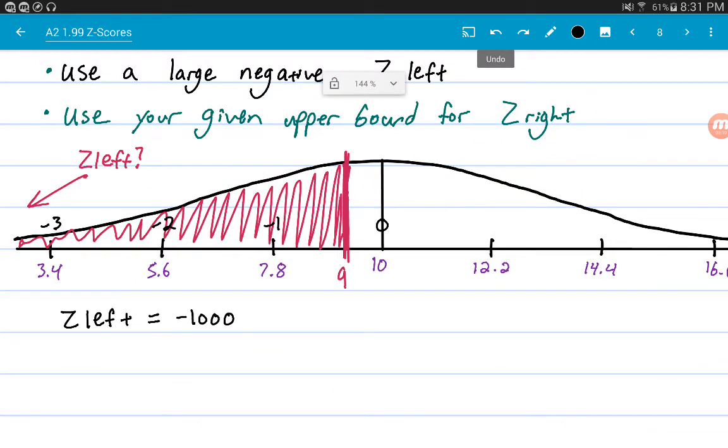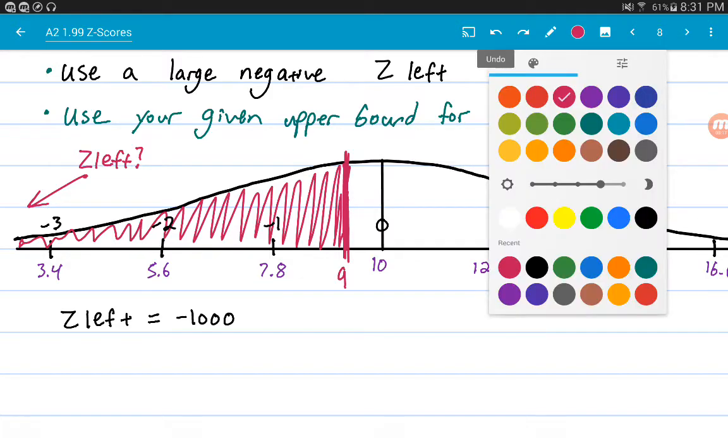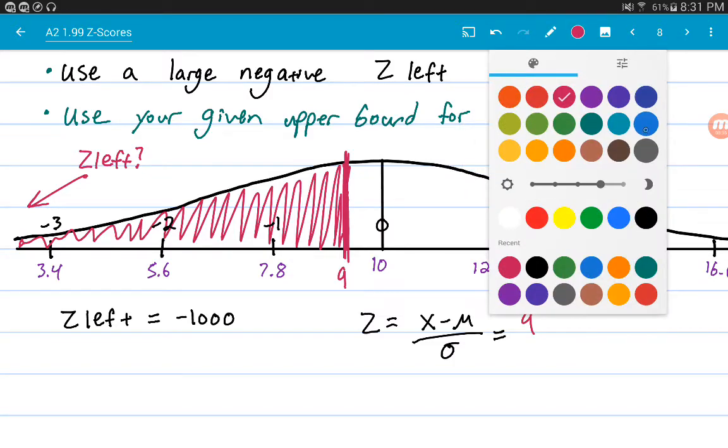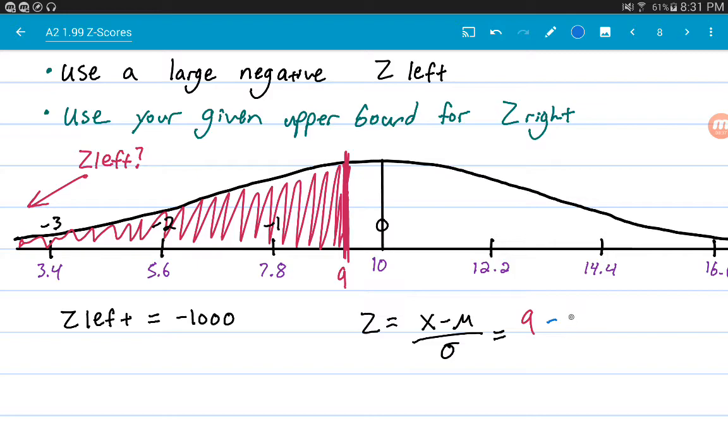So let's find z right. Z right is the z value for this point here. So for z right, I'm going to use an actual calculation. We're going to use our given upper bound for the z right. So z is equal to x minus mu over sigma. Our x value is the value in question, which is 9, minus the mean, which is 10, over the standard deviation, which is 2.2.